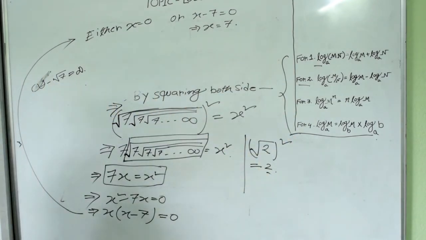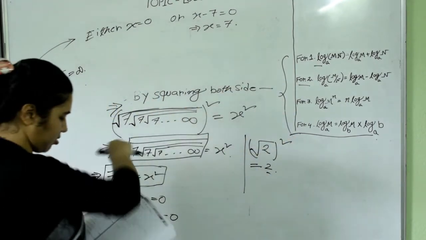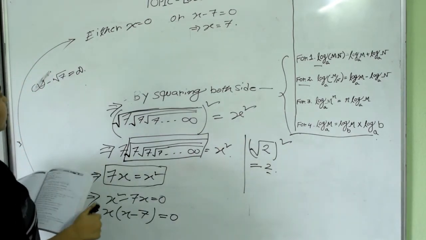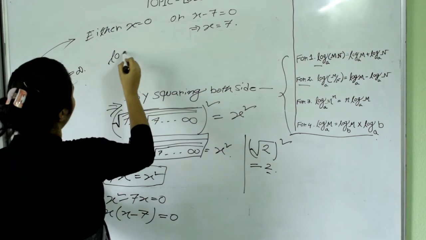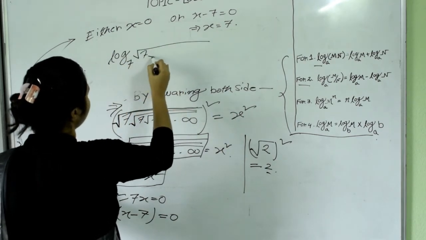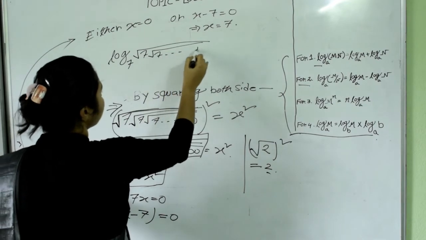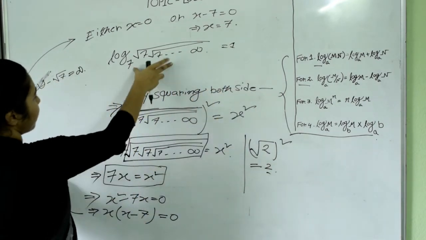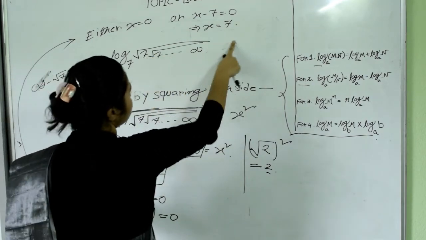Now, look at our question. Our question was, we need to prove that log with base 7 of root 7 up to infinity is equal to 1. That means we have to find this value.